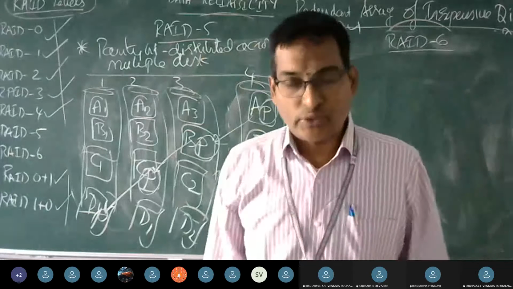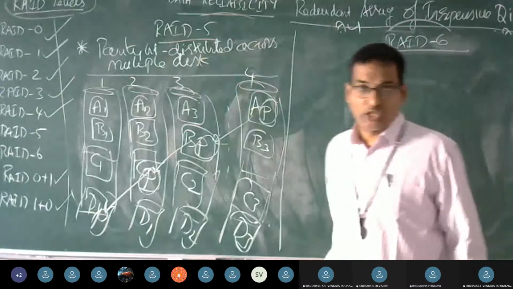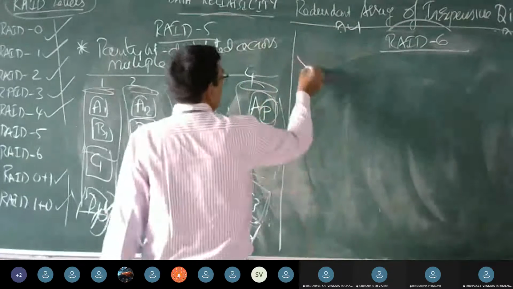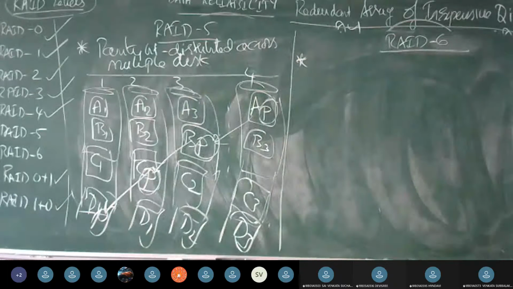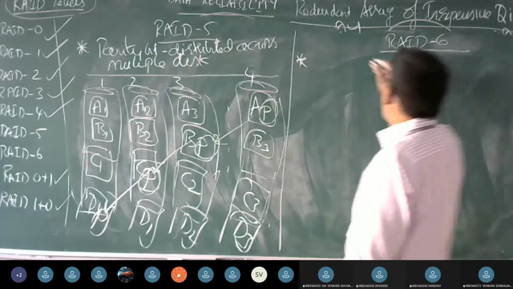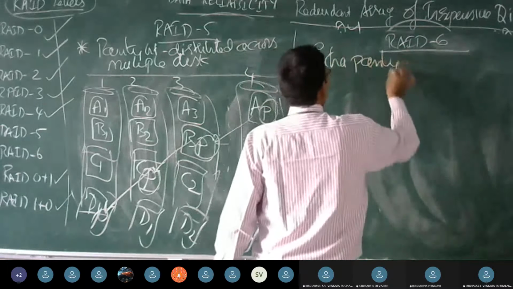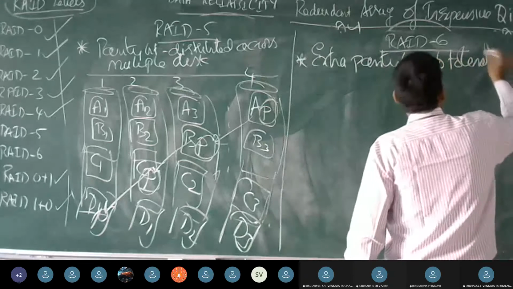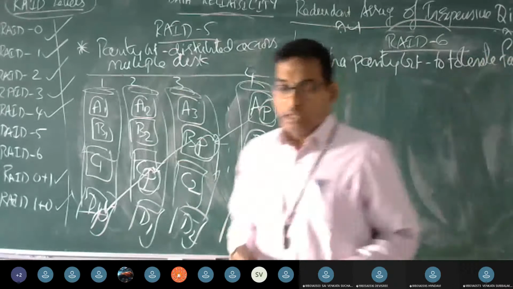After RAID 5 is taken up, the next level will be the RAID 6 architecture. In this RAID 6 architecture, what is assumed is that we have an extra parity bit to tolerate failure, right?